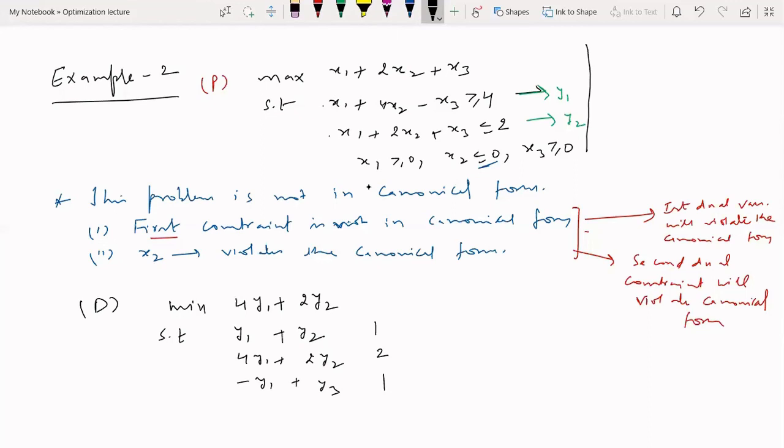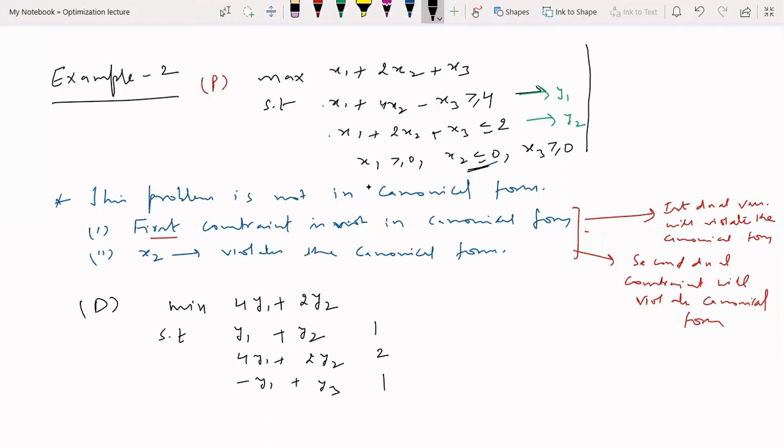Now what are the effects here which we need to understand? The violation is in the second variable. The signs of the constraints are determined from the signs of the variables, as we have seen in the above example. If any of the variables violates the canonical form, then the effect will be on the constraints of the dual.